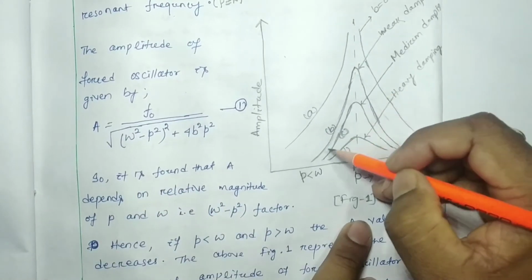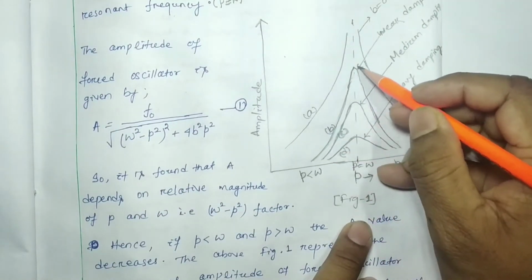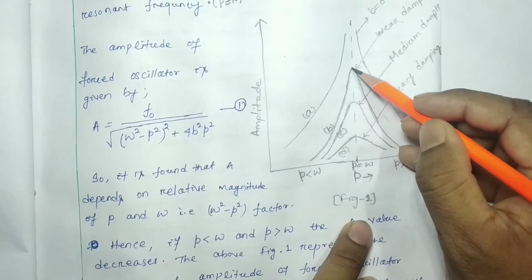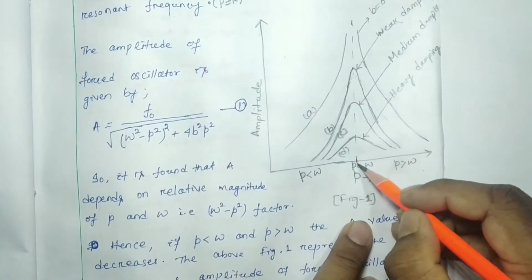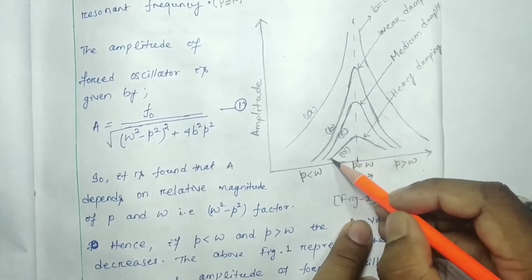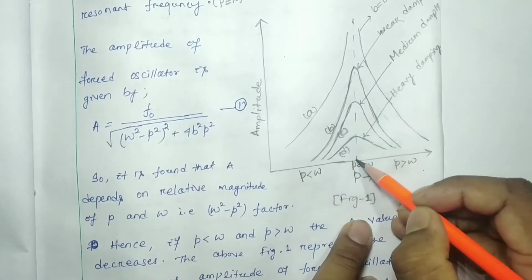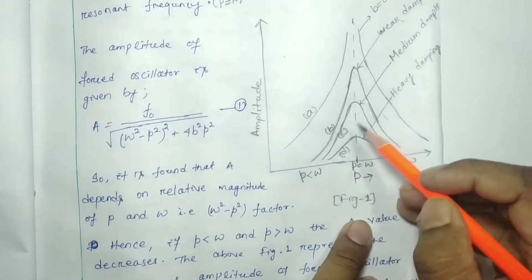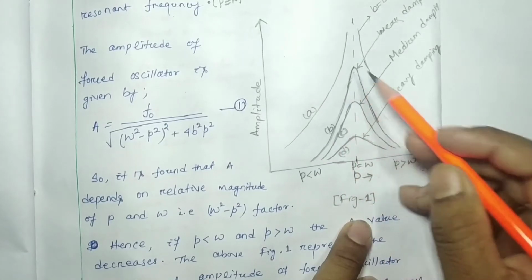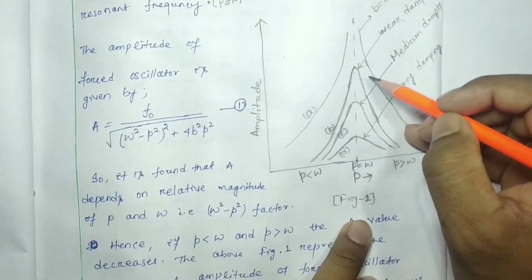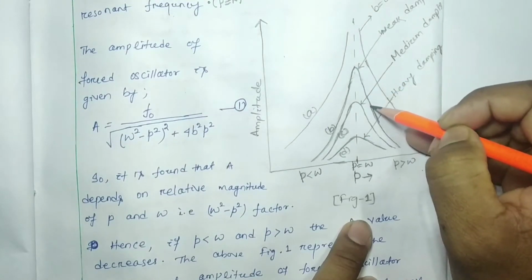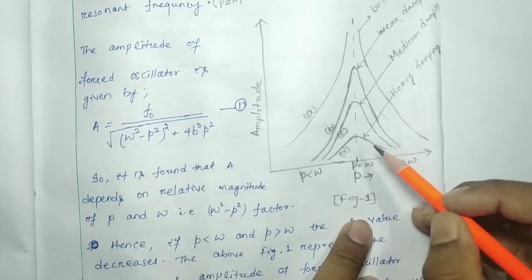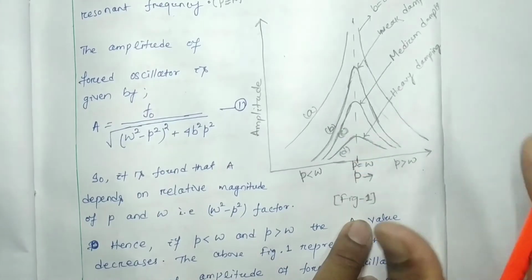You just concentrate on curves B and D. You can see the sharpness of curve B at the resonant frequency is more than curve D. That means on either side of this frequency, for curve B, the rate of fall of amplitude is more compared with curve D. I am going to explain what curves D, C, B, A mean.